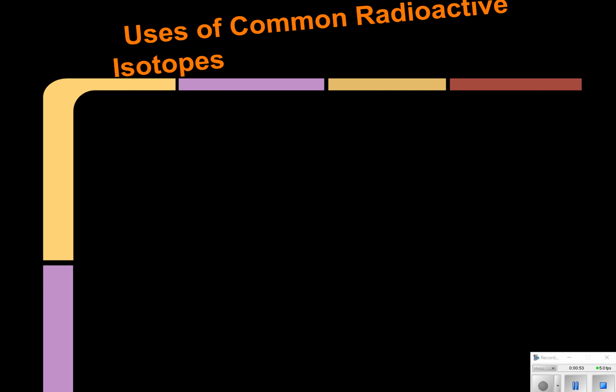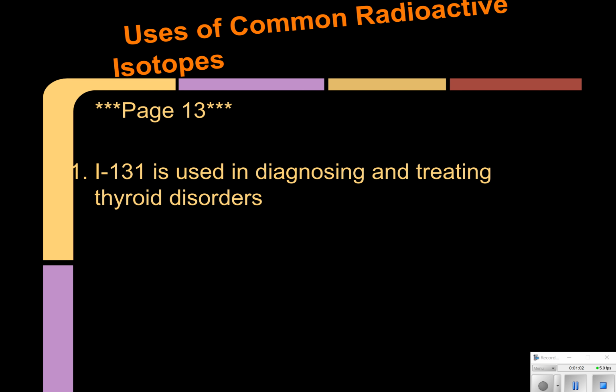First, I want to talk to you about uses of a few different common radioactive isotopes. You can find these in a little more detail on page 13 of your Unit 4 notes. The first one I want to focus on is iodine-131. Remember, I-131 is isotopic notation, referring to the isotope iodine-131, which would contain 131 protons and neutrons.